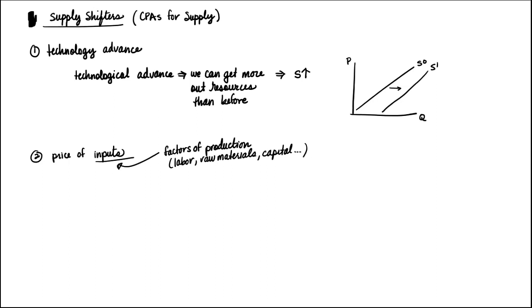So think about it. If you're a firm and the price of inputs goes up, is that good for you or bad for you? Well, hopefully it's pretty obvious to you that if the cost of your labor goes up and the cost of your raw materials goes up, that's going to be bad for you as a producer.